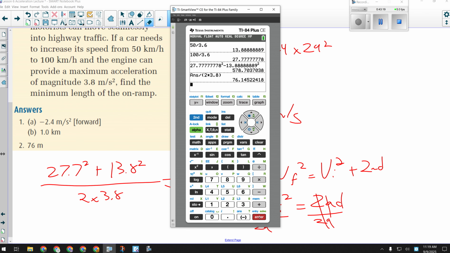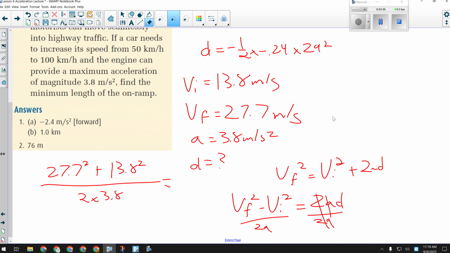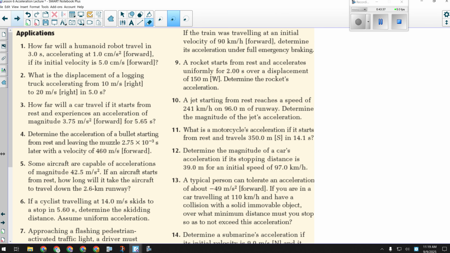What we're going to work on today and tomorrow is just acceleration problems, to see where we're having trouble, and then Thursday we're doing the lab. We're going to run the carts down a ramp, same equipment as the last lab, but we're going to elevate it this time and make them accelerate down the ramp.